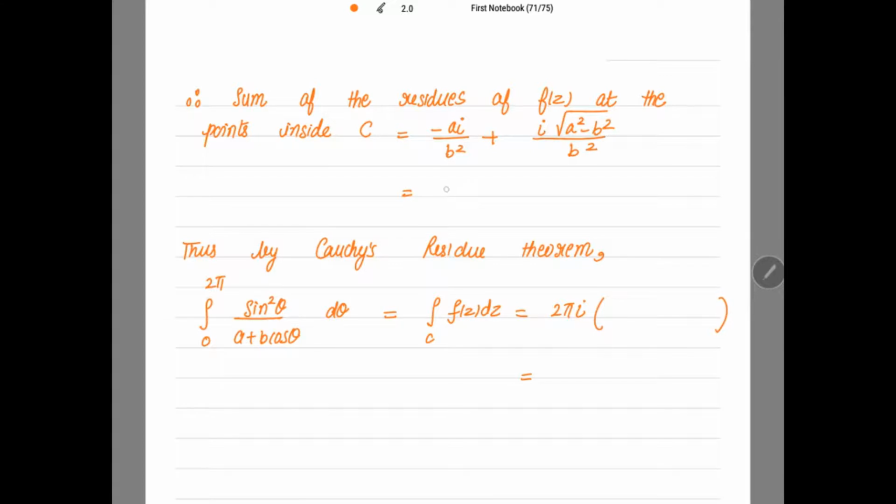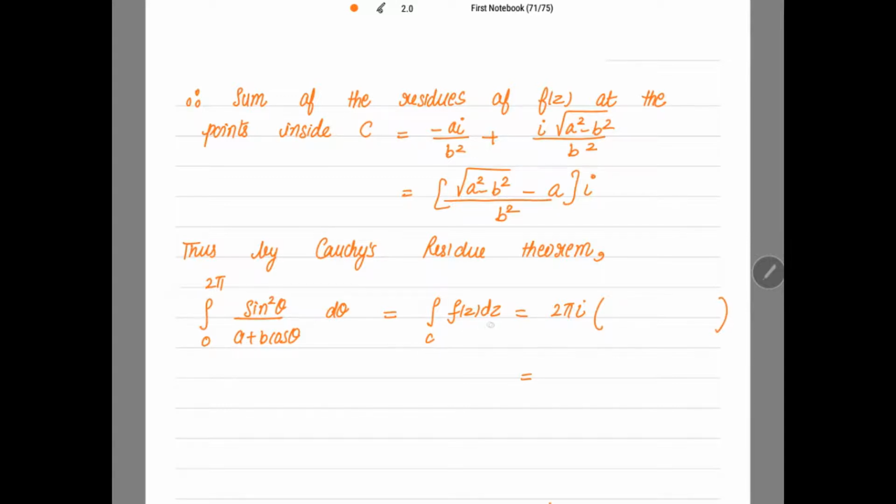And then when you solve this, you get square root of a square minus b square minus a iota over b square.